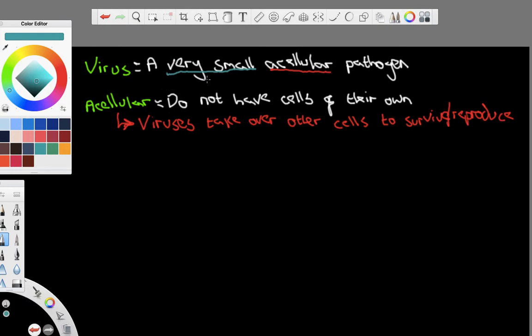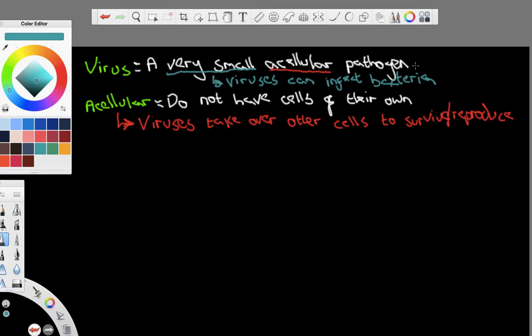So I'm just going to add underneath here that viruses can infect bacteria. So they're very, very small. They're much smaller than a bacteria, and a bacteria is really small in terms of sizes that we understand.